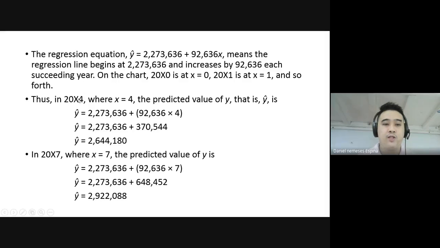If you're trying to predict the data in, let's say, 2014, you multiply 92,636 by 4 and then add the constant coefficient. So your sales, the dependent variable, in 2014 would be 2,644,180. In 2017, you just replace x with 7, then you will have a result of 2,922,088.